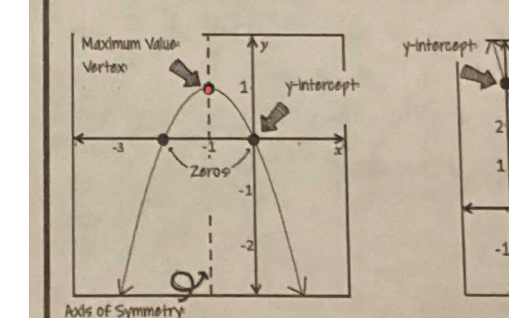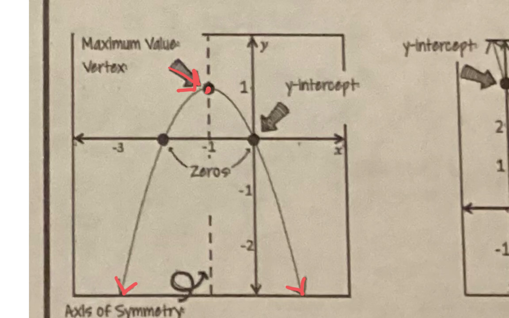Vertex, as I said, also would be our maximum or minimum value. In this particular case, because our graph is opening downwards, we know this vertex will be our maximum value. Maximum value, vertex, both of those are the same thing.